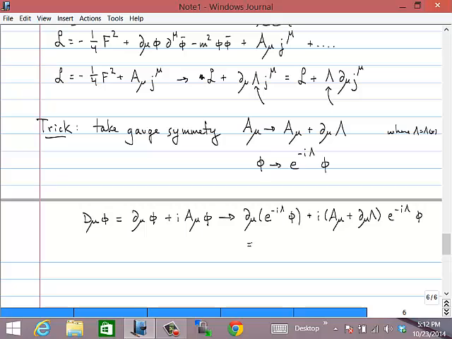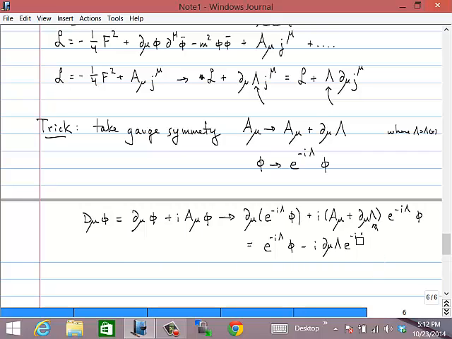So let's just work that out. Well, from the first term, you'll get e to the minus I lambda d mu phi minus I times d mu lambda e to the minus I lambda phi. But that will cancel against this term here.